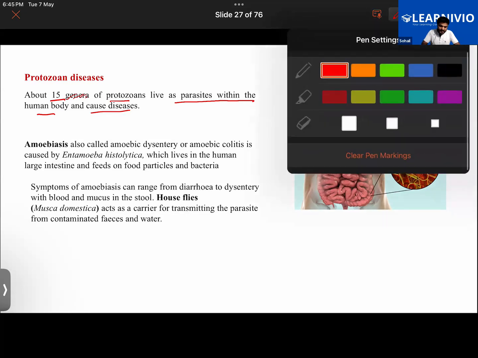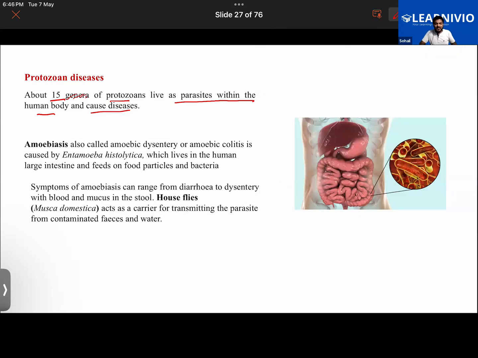For keeping it simple, just understand that there are 15 different varieties of protozoa that live as parasites inside the human body, and they are known to cause diseases. There are different types of disease that are spread by protozoa. You all have heard about diseases like malaria. Malaria is also caused by a protozoa.